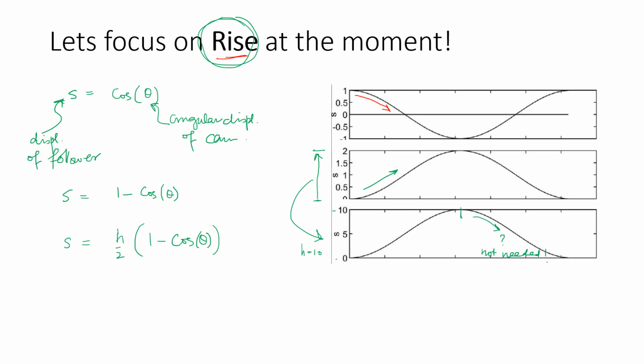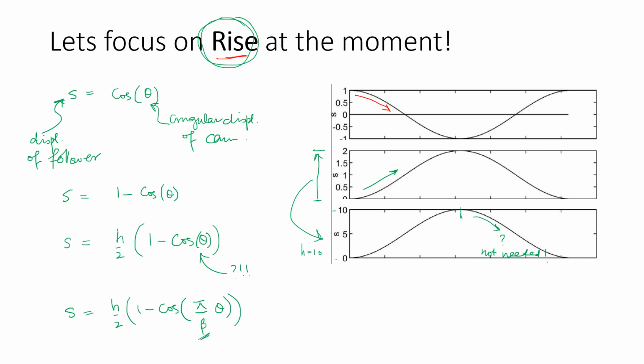As a result of that, I need to have some change incorporated in the expression, and the best way I can do that is to have some scaling factor added over here. If I do that, s turns out to be equal to h by 2, 1 minus cos of this input argument, scaled to give user or designer control. This is going to be pi by beta of theta.